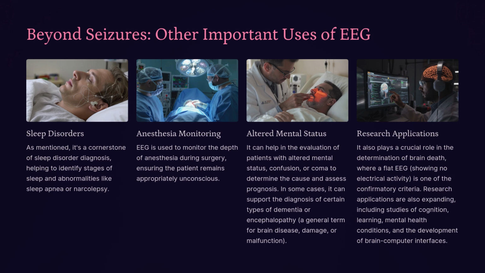EEG is used to monitor the depth of anesthesia during surgery, ensuring the patient remains appropriately unconscious. It can help in the evaluation of patients with altered mental status, confusion, or coma to determine the cause and assess prognosis. In some cases, it can support the diagnosis of certain types of dementia or encephalopathy, a general term for brain disease, damage, or malfunction.